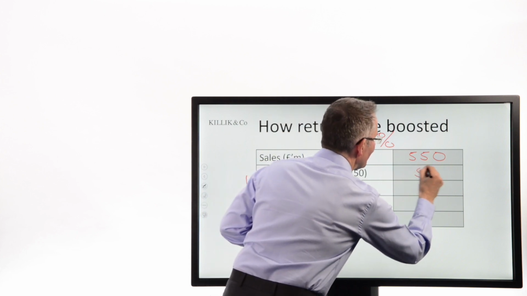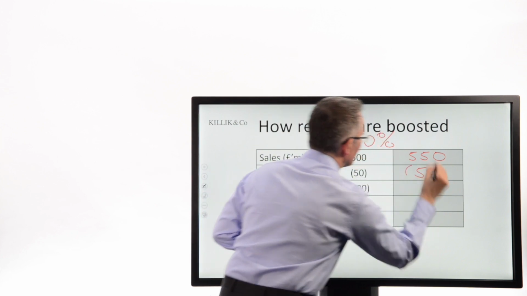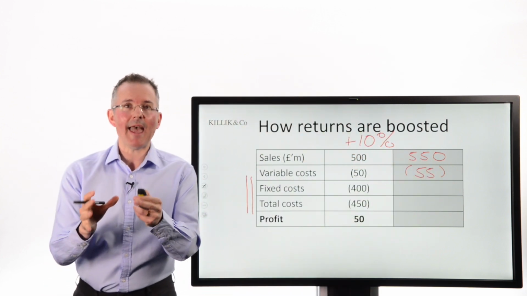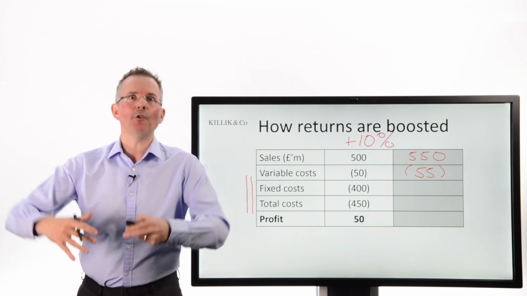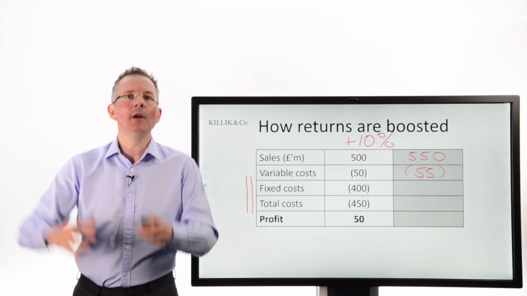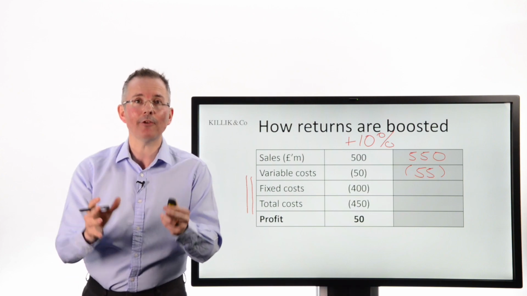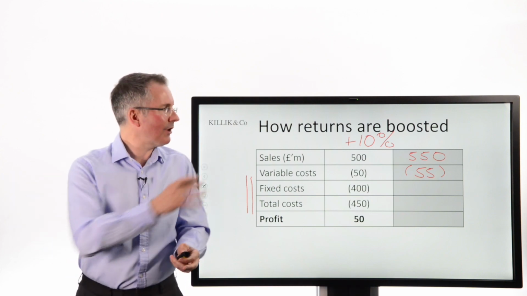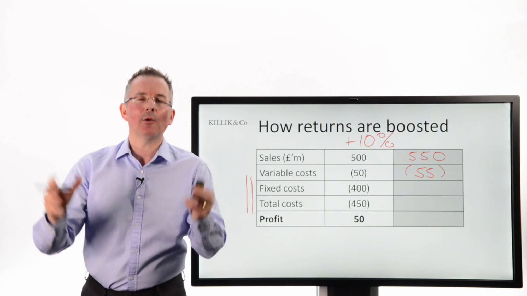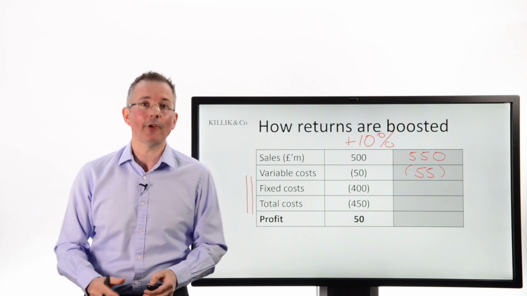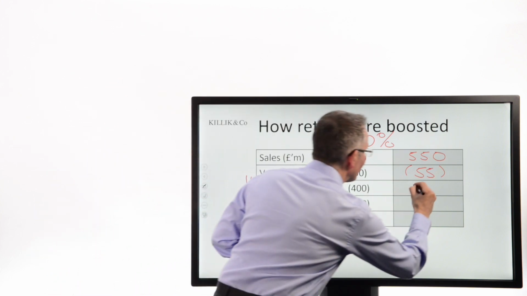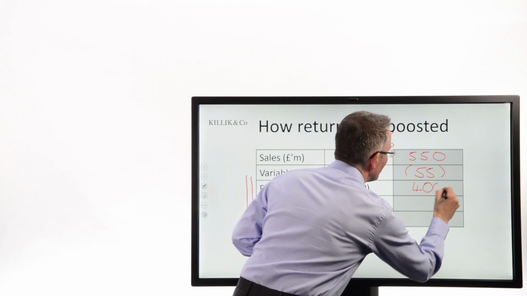So 55. Now, fixed costs by their nature tend to be fixed. Okay, if you were to massively expand production, they might step up, you might need an extra factory or so on, but let's assume here they are fixed. We can absorb the extra capacity within the equipment we've currently got, the plant we've currently got, and so on. So, I'm going to leave fixed costs at 400.